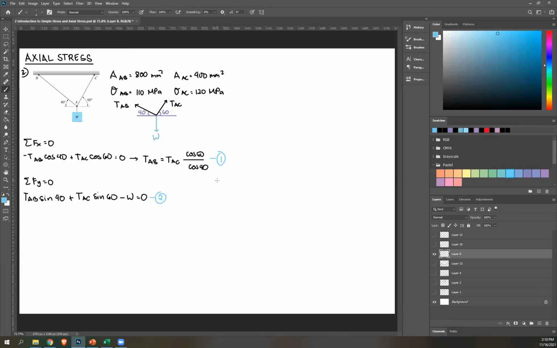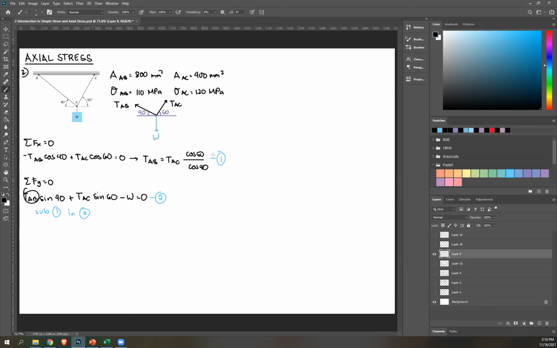From these two equations, we can get how much of the weight W each tension or cable is carrying. To do that, we just substitute equation 1 in equation 2.